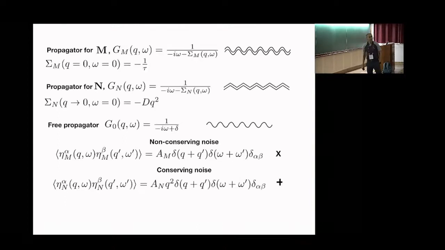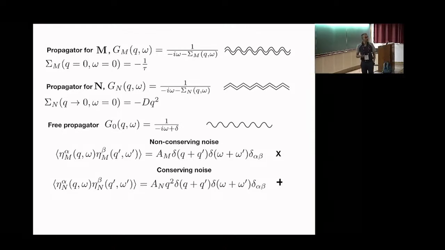For that, we can develop a diagrammatic formalism. That essentially boils down to calculating the propagator for the magnetization, which is not conserved, and for the staggered magnetization, which is conserved. The diffusion constant for this and the relaxation time for that are sitting in the self-energy.